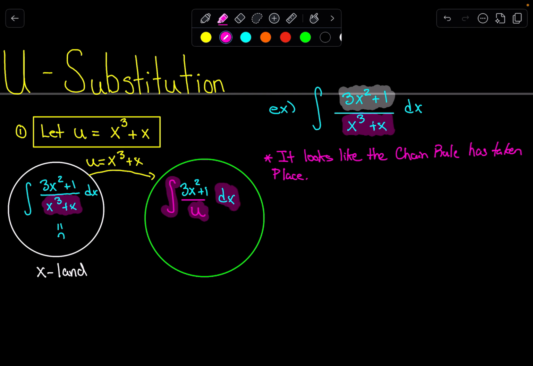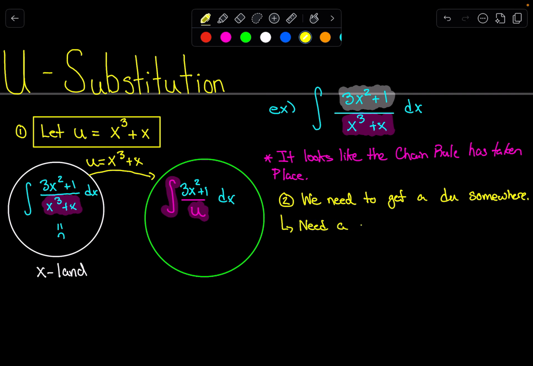I would need to have a du. So our current problem, step 2, is we need to get a du somewhere, because otherwise we can't integrate. We can't integrate something with a u in it without having a du there. It's not possible.